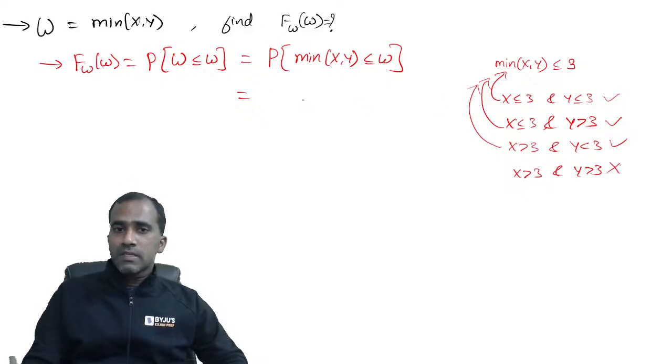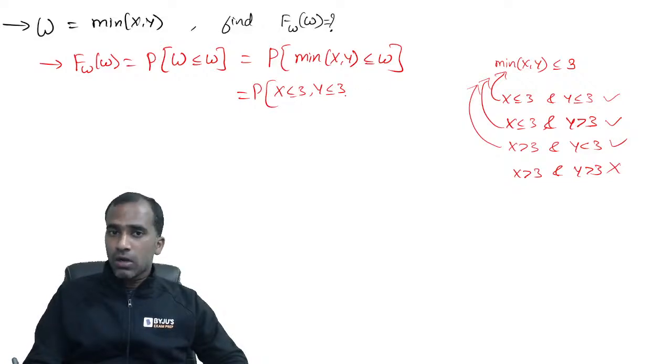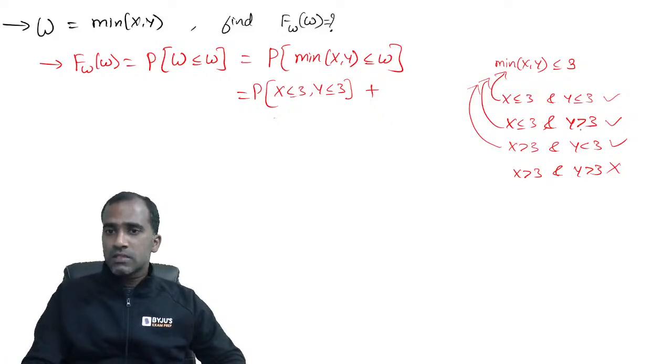So all these three cases we are interested in, which is minimum of x comma y less than w. The first case is x less than or equal to 3 comma y less than or equal to 3, plus the other cases. So probability that this happens means you should talk about the probability of each.